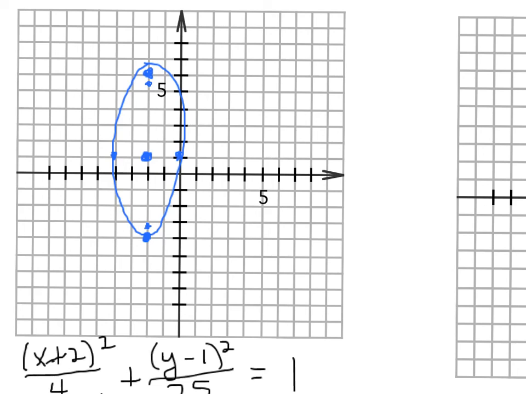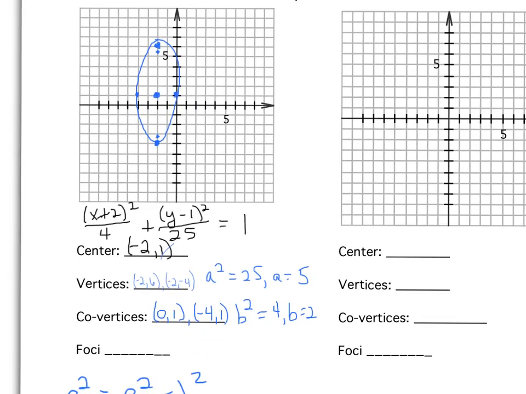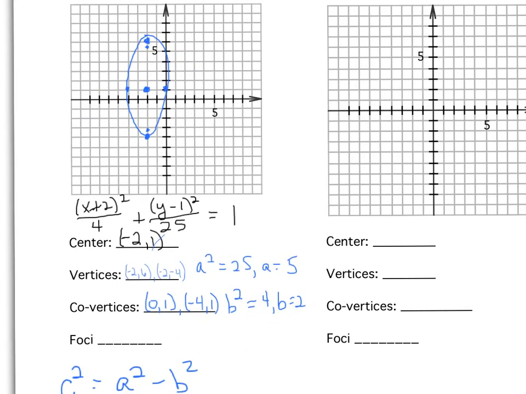So here's the graph. We now need to go down and write the coordinates for our foci. So the coordinates for our foci are negative 2, and then 1 plus the square root of 21, and our other point is negative 2, and 1 minus the square root of 21.